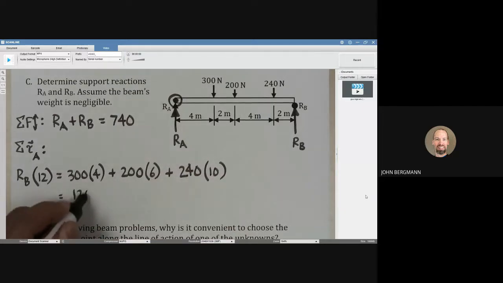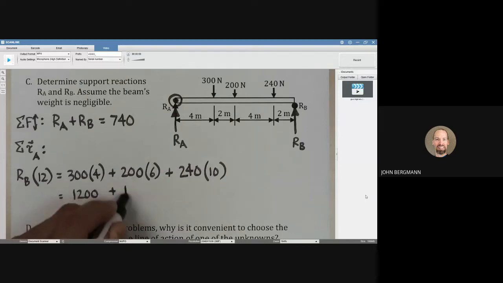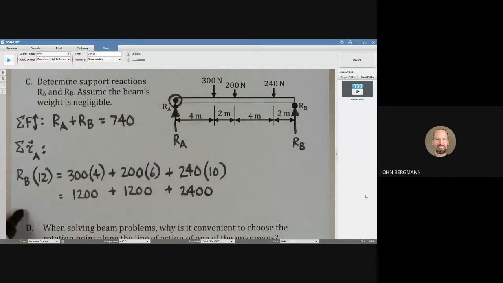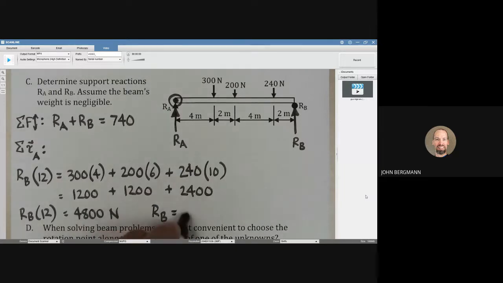So what does this come out to? This is 1200. This is another 1200. And this is 2400. So that means RB times 12 is equal to 4800 newton-meters. We can't always do this in our head, but this one I think we can. RB then will be 400 newtons, and it acts in the direction that we thought it did, up.